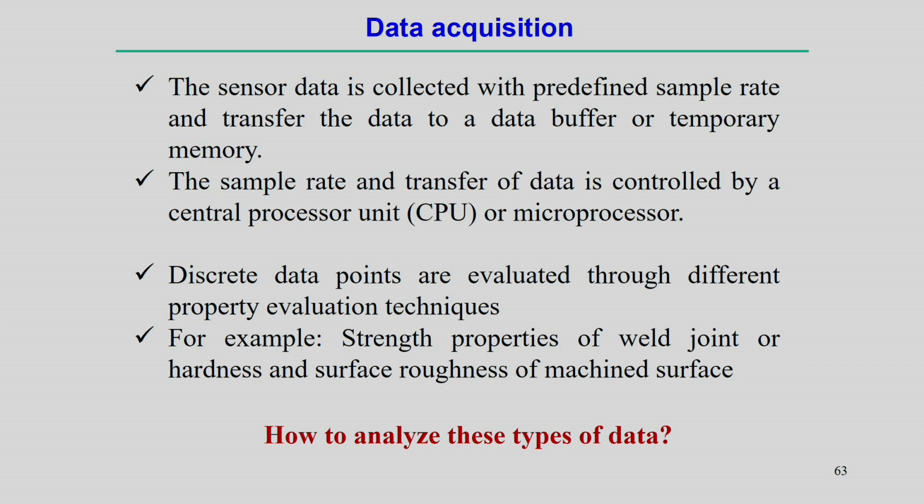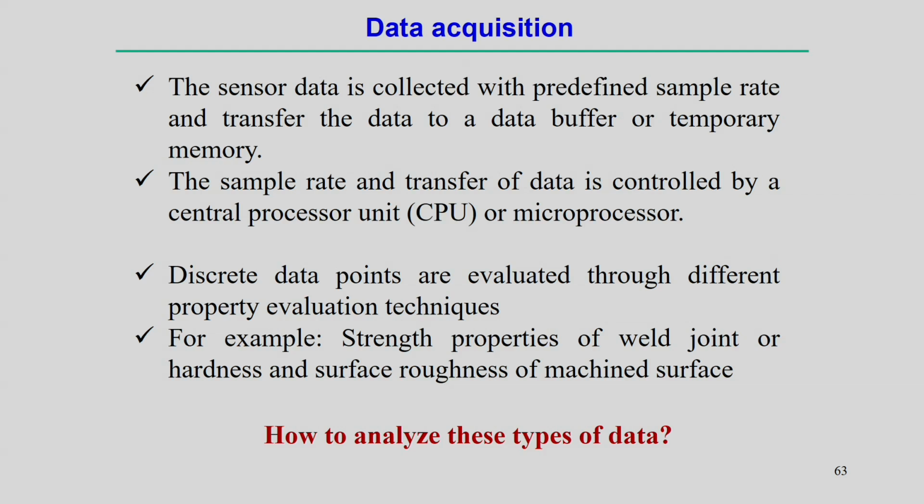For example, if you do tensile testing of a manufactured component at different parameters, then we can get data like tensile strength, elongation, ultimate tensile strength, yield strength; all kinds of data can be evaluated. Or, if we use a monitoring system, we can acquire continuous data during the manufacturing process.